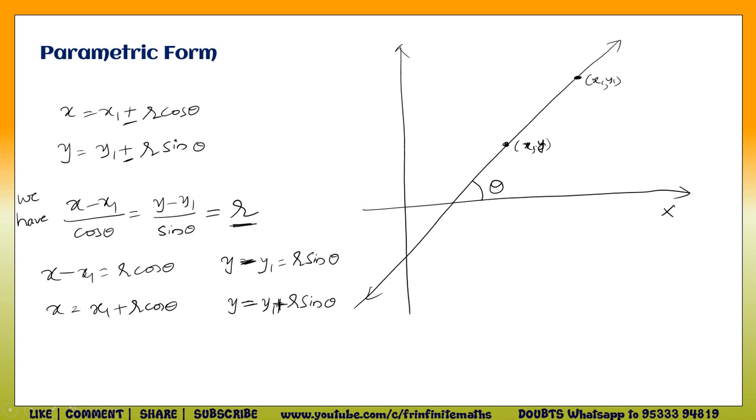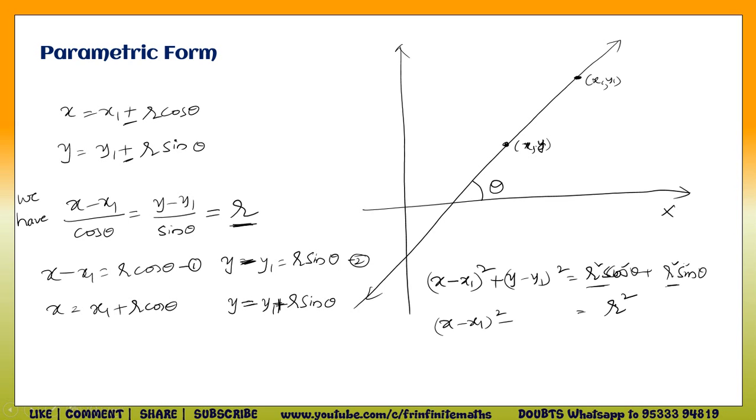But what is the value of r? For that, let this be equation number 1 and this be equation number 2. When I square and add them, I get (x - x1)^2 + (y - y1)^2 = r^2 cos^2 theta + r^2 sin^2 theta. Taking r^2 common, this becomes r^2 into 1, which is nothing but (x - x1)^2 + (y - y1)^2.